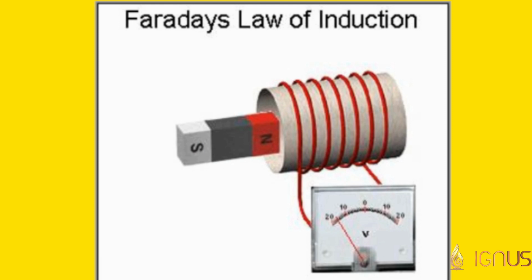Initially, when the magnet is at rest, there is no deflection to the galvanometer. Now, as the magnet is moved towards the coil, the needle of the galvanometer deflects in one direction, and when it moves away from the coil, the deflection is opposite. When the magnet is kept stationary relative to the coil, the deflection of the galvanometer drops to zero.